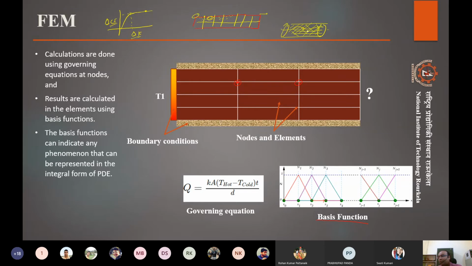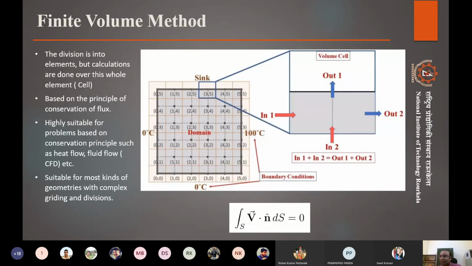We can do that in the finite element method, but again, we have to increase the number of elements. We cannot say it cannot be done by the finite element method, but it can be more easily done by another method. So we have another method called the finite volume method.